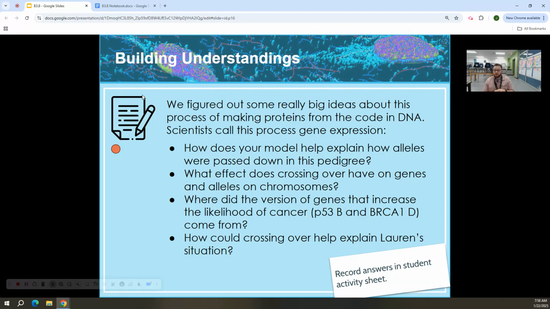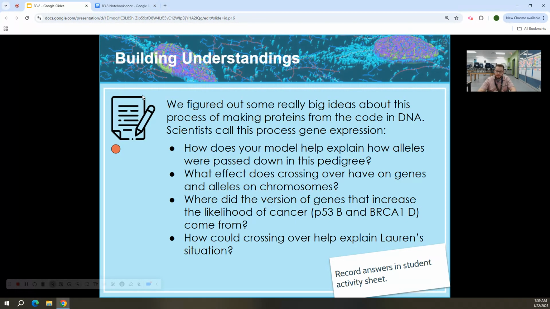If this pedigree represents Lauren and her family, where her dad had a mutation on one chromosome for P53 and one for BRCA1, how would it have been possible for Lauren to have all of these? And for everyone, even if your parents don't have one of these or only had one gene, how does that impact your ability to potentially develop cancer? And how does that increase cancer risk for everyone in general too?